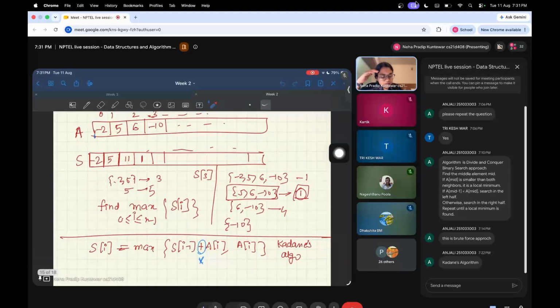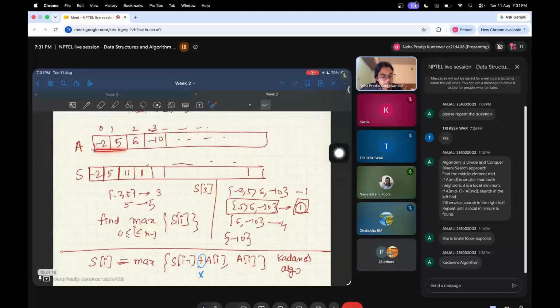So for example, let's say this is the array that's given to us. The maximum sum that you can get for a subarray ending at this point is, you don't have any choice, you have to take this element. So at this point you have minus 2. And then let's look at 1. You have two choices here. You can either take this subarray or you can take this subarray.